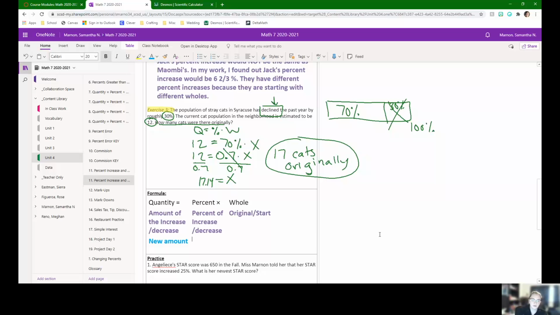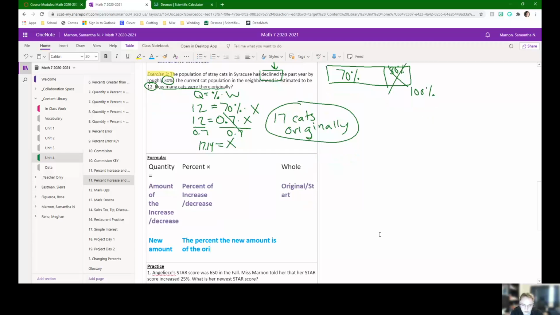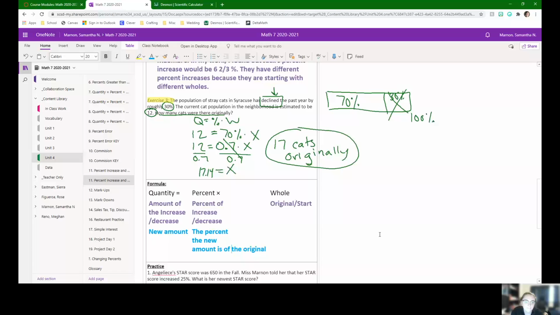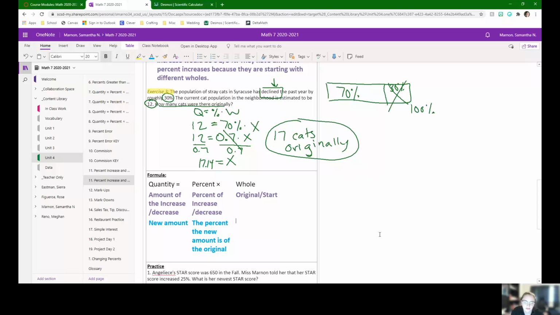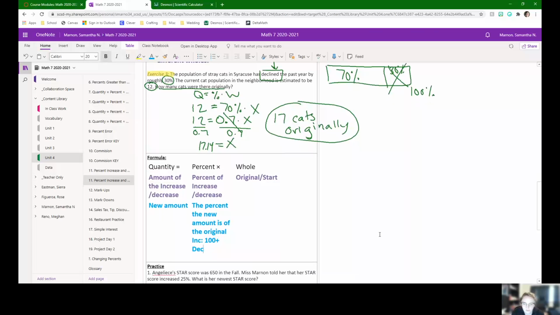So you need to figure out what percent the new amount is of the original. So that's going to either be 100 plus or 100 minus, depending on if it's an increase or a decrease. So if it's an increase, it's 100 plus the given percent. If it's a decrease, it's 100 minus the given percent.